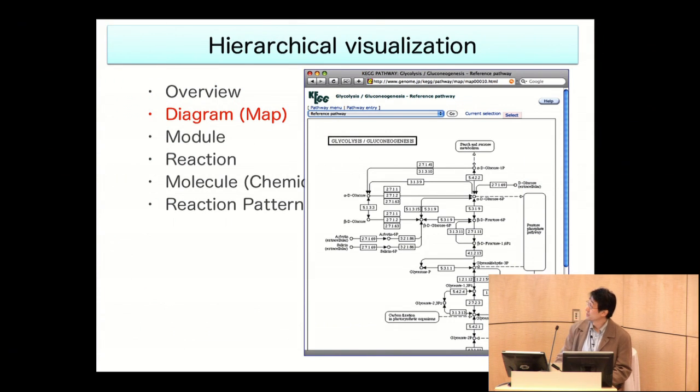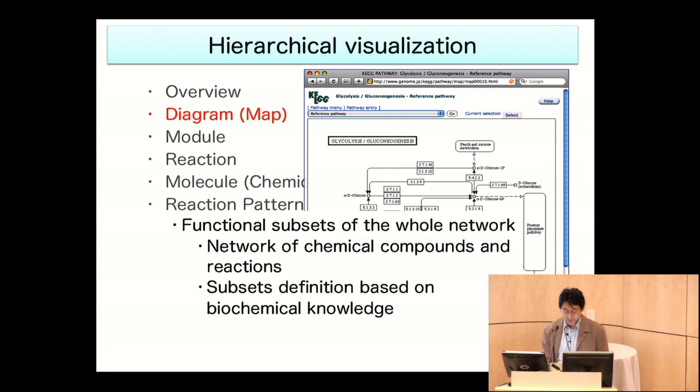The second level describes a pathway diagram like this. If you use the KEGG database, maybe this is the most popular or familiar to you. This is also a network of chemical compounds and reactions, but in this case, each box represents one reaction.